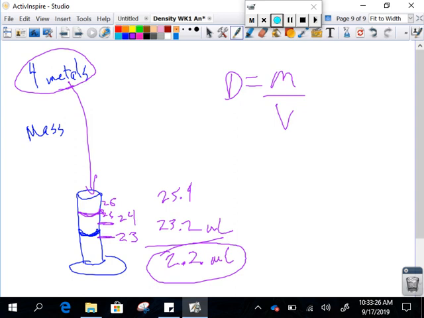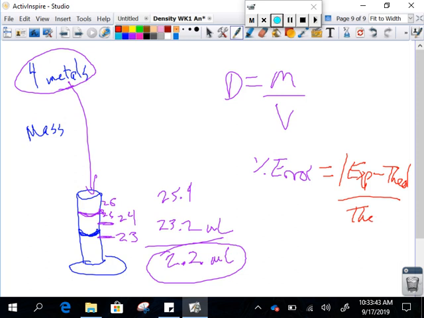When you're done calculating all 4 densities, you're then going to do the percent error equation. This equation is on the worksheet, but it clearly says that it is the experimental value minus the theoretical value divided by the theoretical value, and then since it's a percentage, after you do that you multiply it by 100.